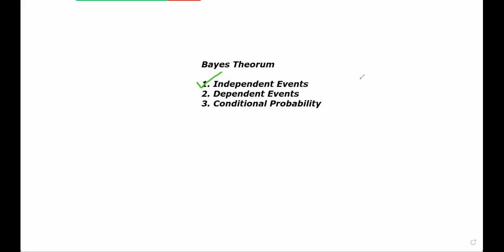Now, what are independent events? Just like the name suggests, let's try to draw out a definition just according to the name, and then we'll move on to an example to make it much easier to understand. The word independent itself suggests an event whose occurrence is not supposed to be dependent on any other kind of event, right?